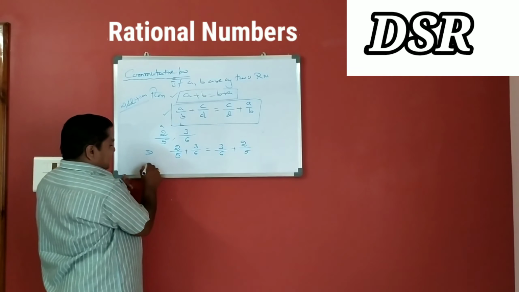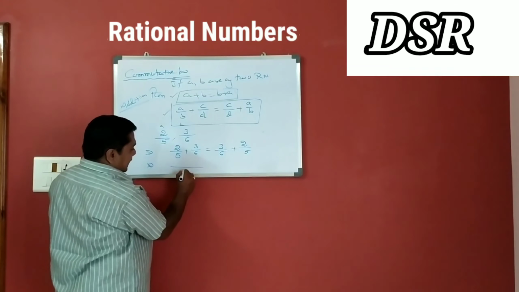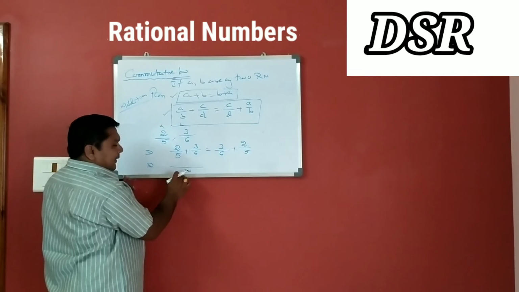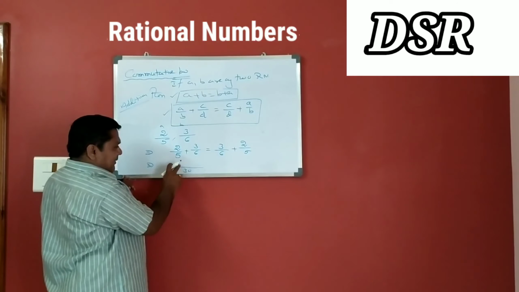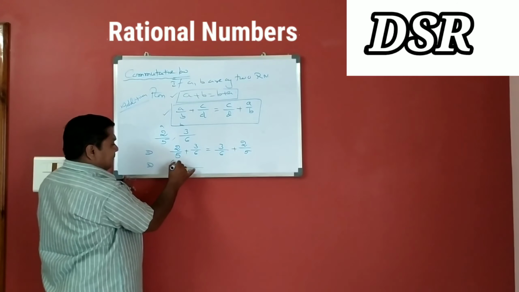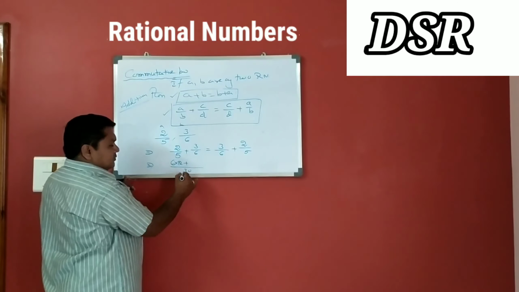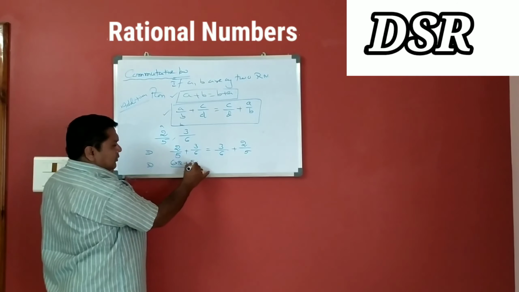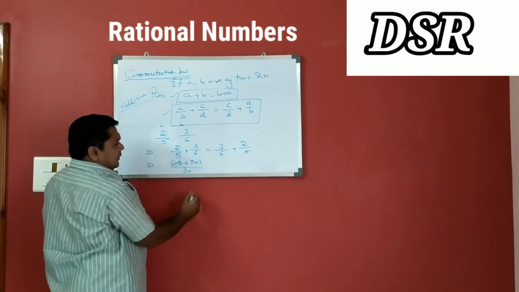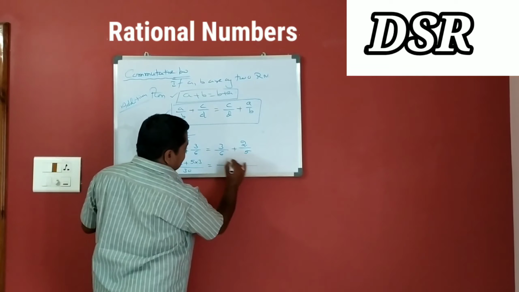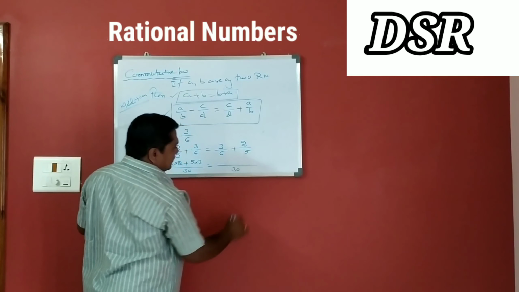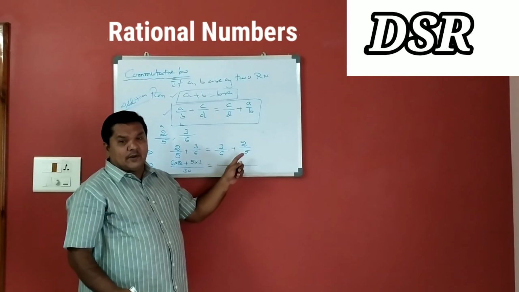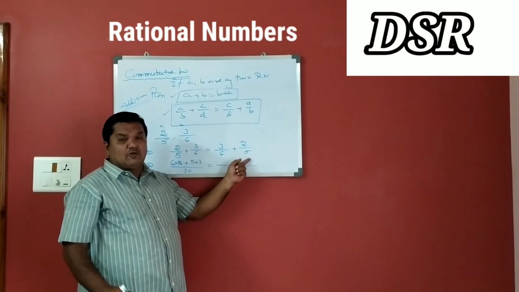We can take the LCM. 6 fives are 30. 5, how many times can be cancelled in 30? 6 times. 6 into the numerator, plus 6, in 30 how many times? 5 times. The numerator is 3. That is equal to, again, 6 fives are 30 LCM. Why are we multiplying the denominators? One is an even number, one is an odd number.